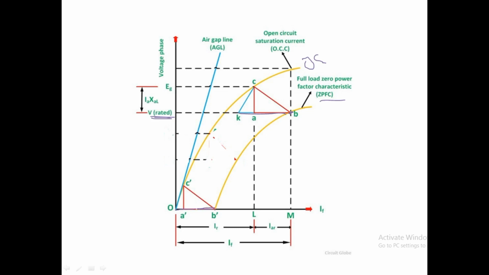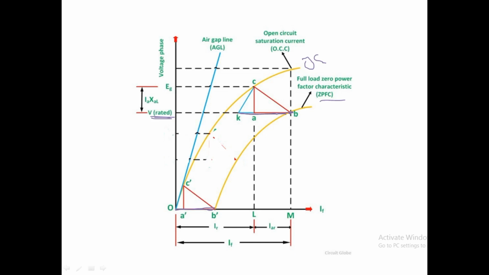That is the gap between these two lines. So you draw a line from B to meet at K such that BK equals O B dash.